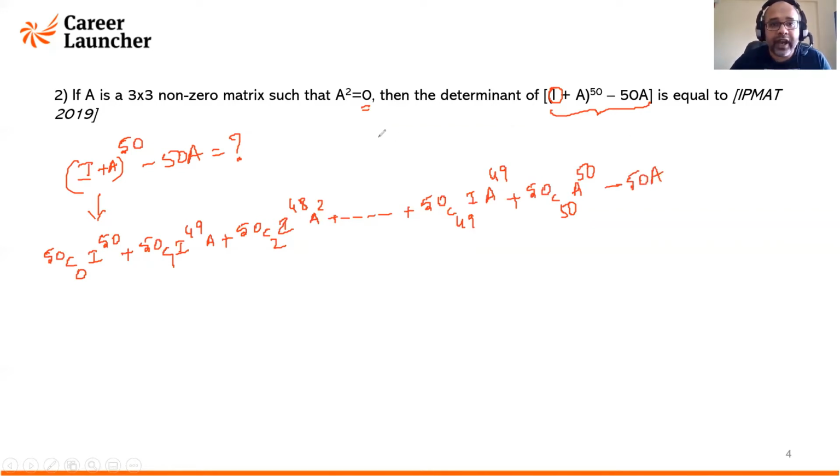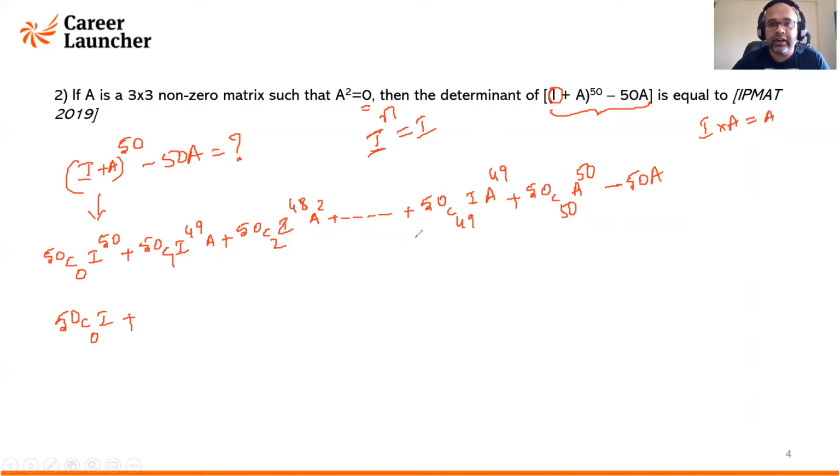Now the property of an identity matrix, you will remember that identity matrix multiplied to any power n will be the same identity matrix. So the power does not matter for identity matrix. So this will become 50C0 I itself, right? Plus everywhere else all powers of I will become simple I. And the other property of an identity matrix is I into A, any matrix, will be A itself.